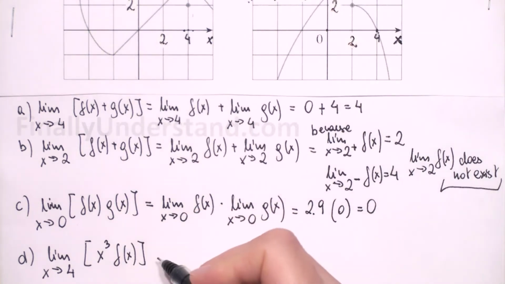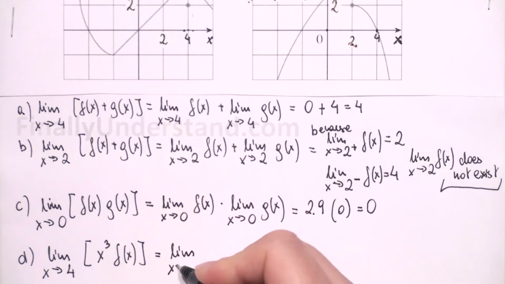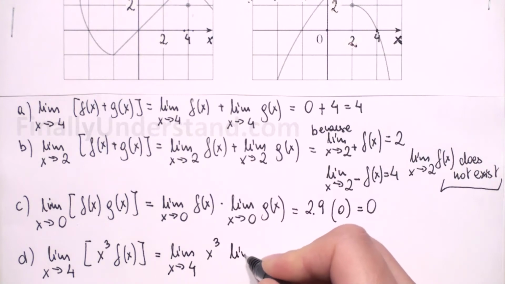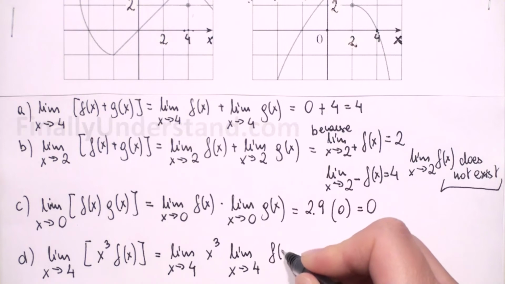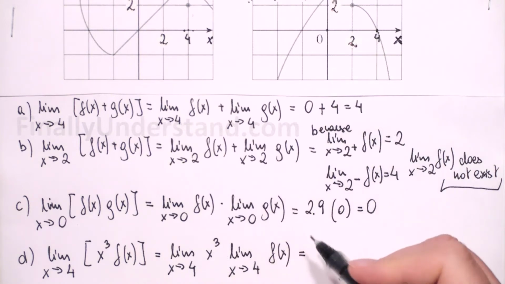So again we can rewrite this: this is equal to the limit as x approaches 4 of x cubed times the limit as x approaches 4 of f of x. So this is equal to the limit as x approaches 4 of x cubed. We can substitute x by 4.